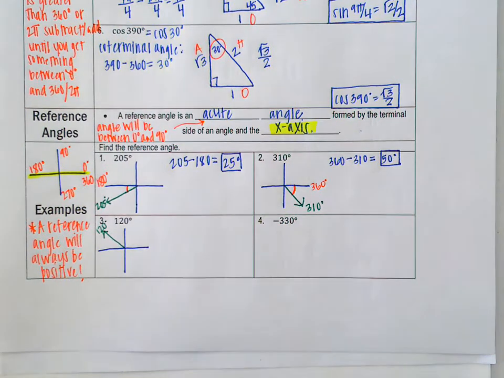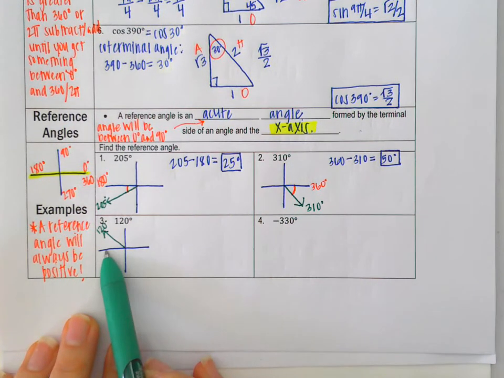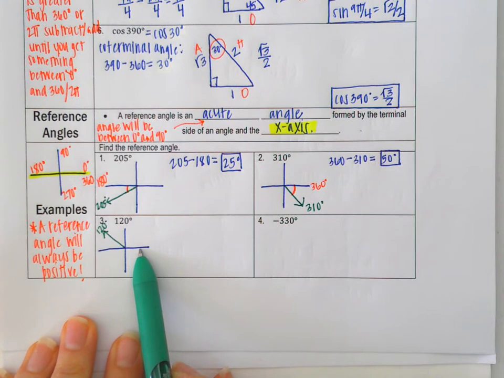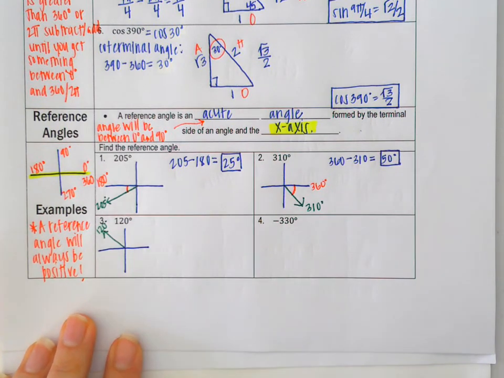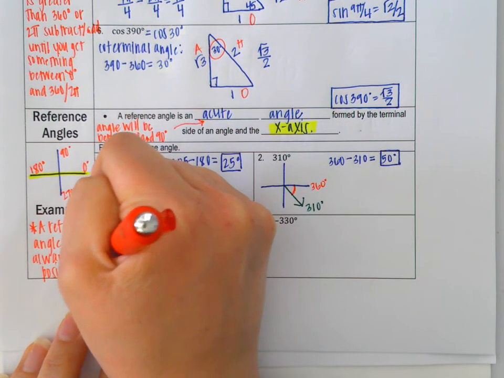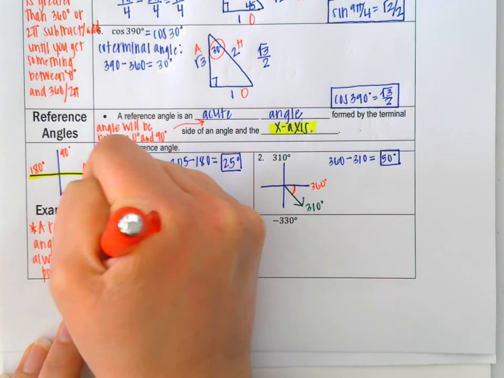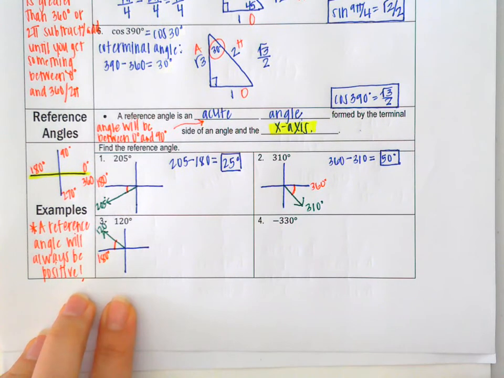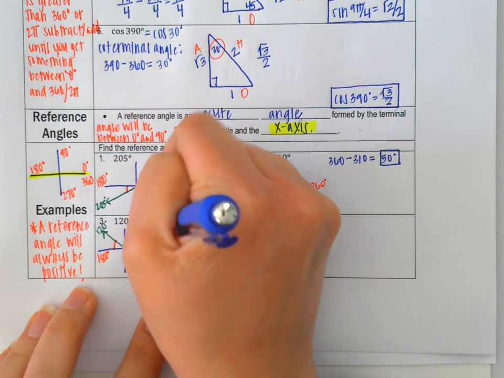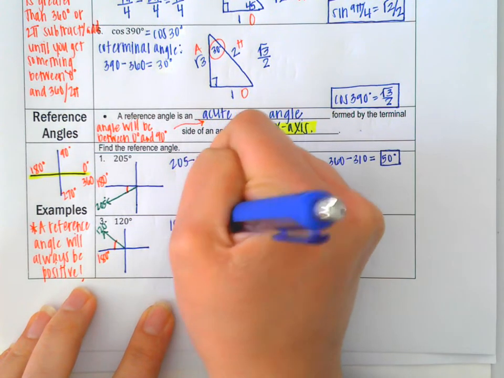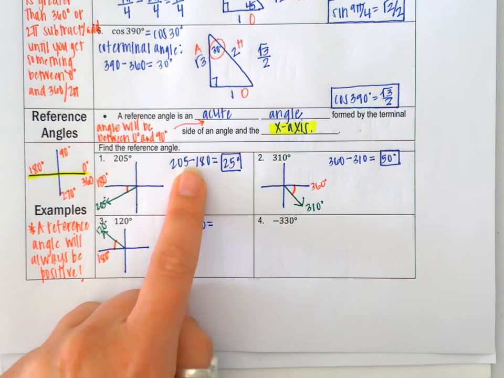And so then we're thinking, what is the closest x-axis to 120? Is it going to be 180 or is it going to be 360? And hopefully you're saying it's 180. So then I just do 180 minus 120. See, there's a switch up from this one too.